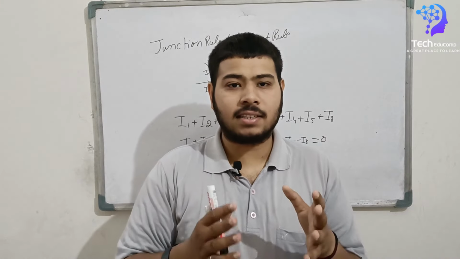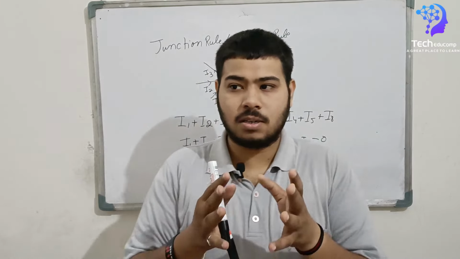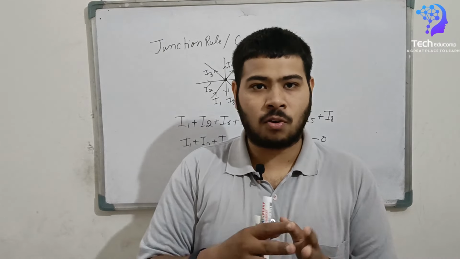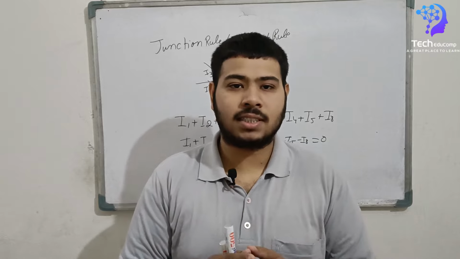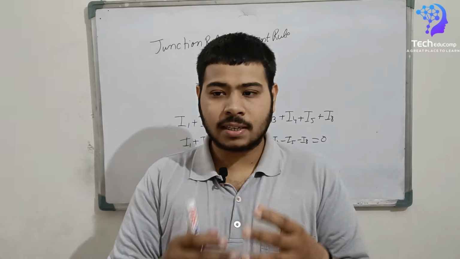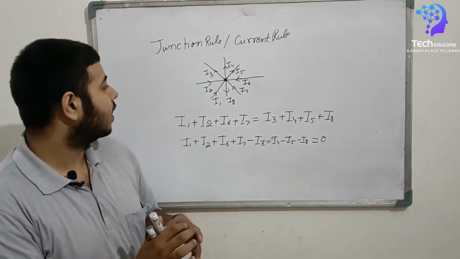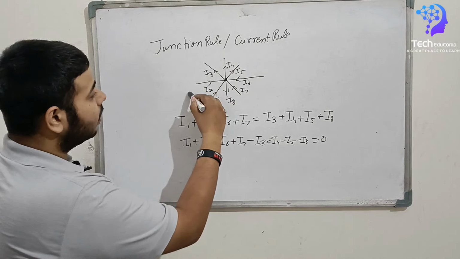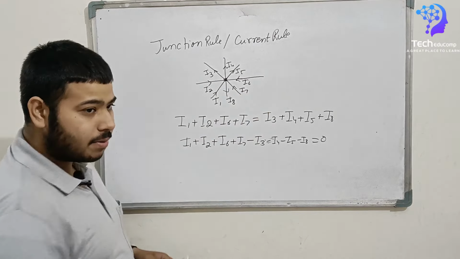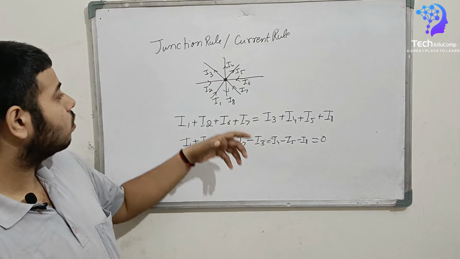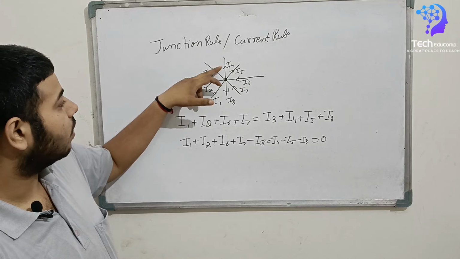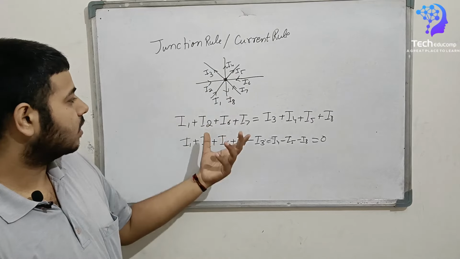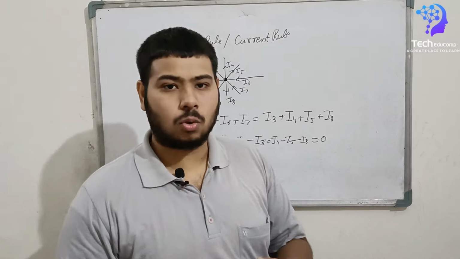Another way to see it: suppose I have a network of water pipes and assume the water is incompressible. The water entering from I1, I2, I6 and I7 should be equal to the water flowing out of the pipes from I3, I4, I5 and I8. In the same way, I can explain the current rule.